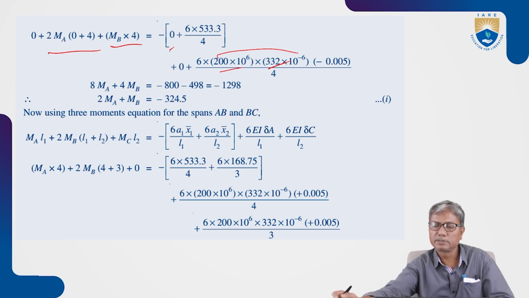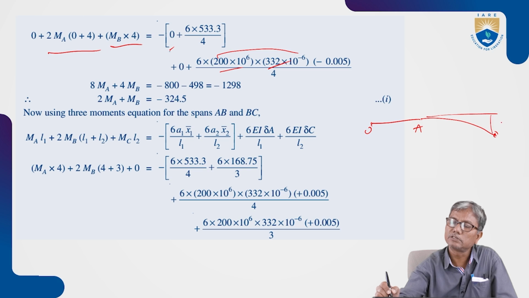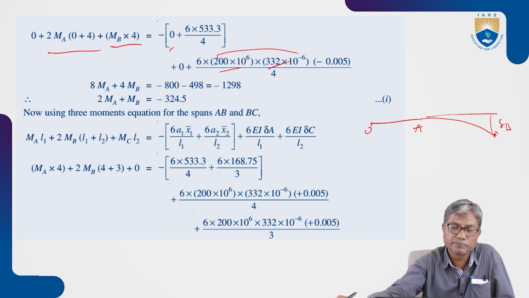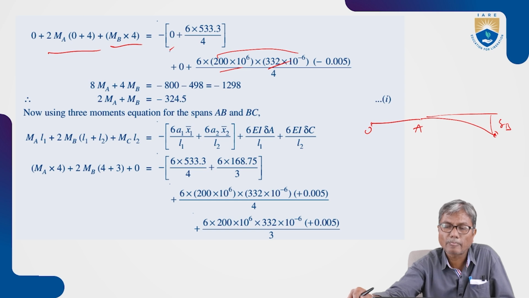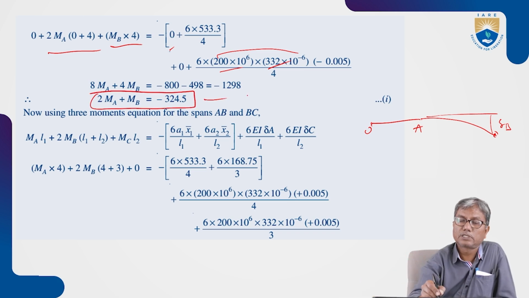Why minus means? From common support A, B is below A. Is it? By 0.005 meters. Okay? Yeah. So, we will get this equation.